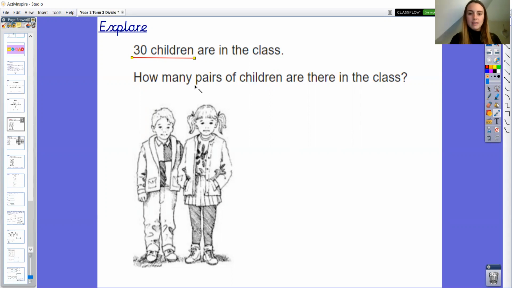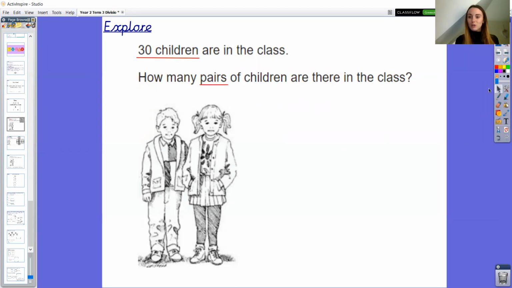So the word pairs tells me that we're dividing the whole by 2. As we know, we need to make a pair. And as we can see here, this boy and girl in the picture are showing us a pair of children. So the division, I wonder what that might be, Year 2. I also wonder if you can pause the video here once you've thought about what the division is and have a go at solving it.